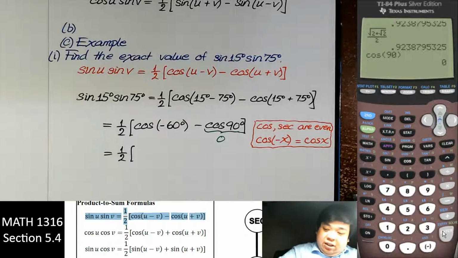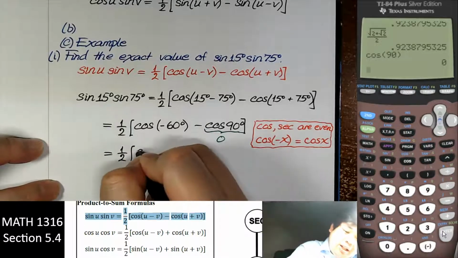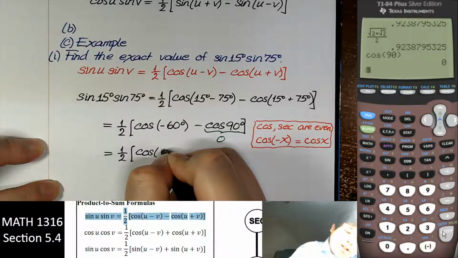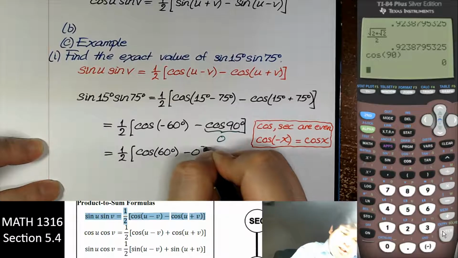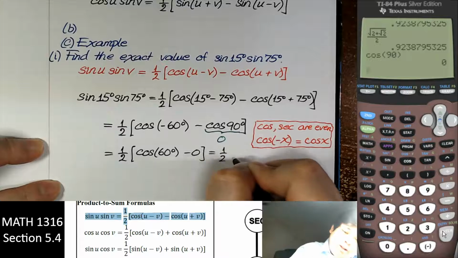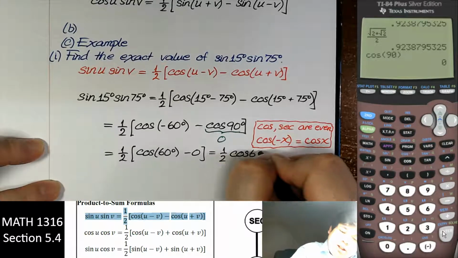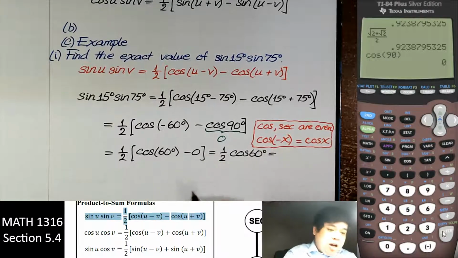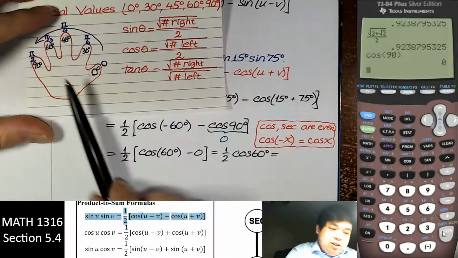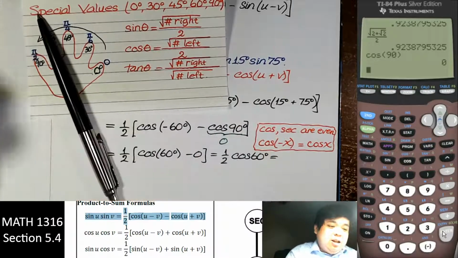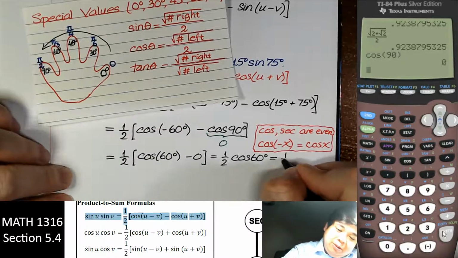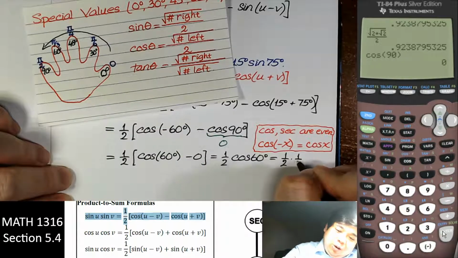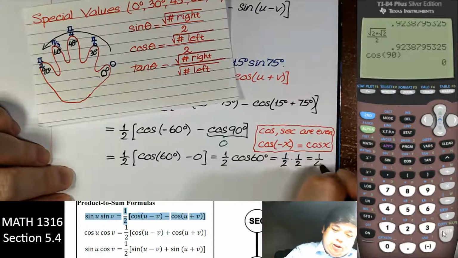Because it is even, cosine of negative 60 is the same as cosine of 60 degrees. So we just have 1/2 cosine of 60 degrees, and cosine of 60 degrees is 1/2, so it's 1/4.